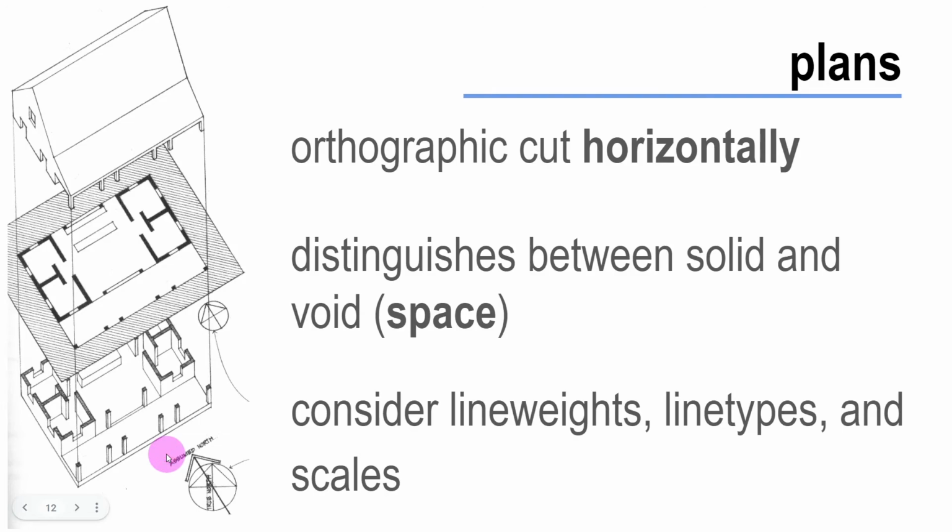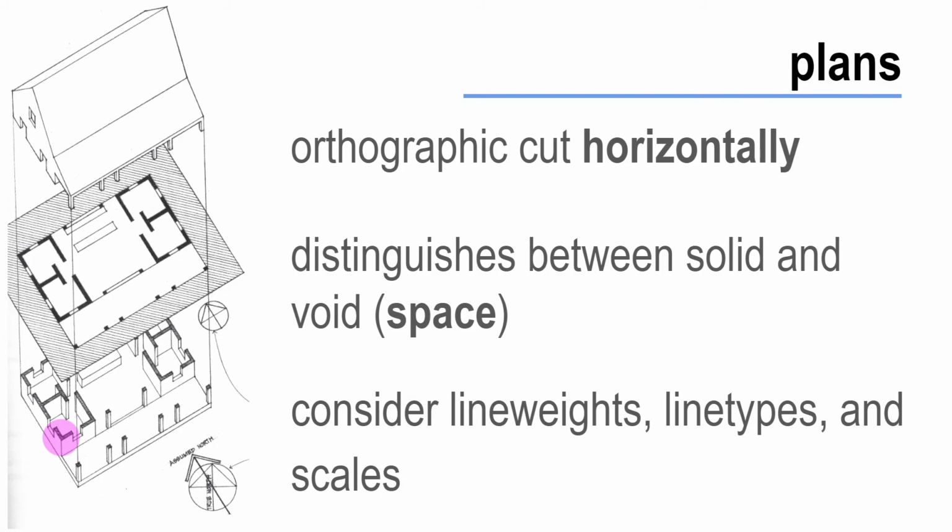So a plan view of a building is an orthographic cut through the building itself. Typically, this cut for a floor plan is about 4 feet above the floor line or the ground line of the building.